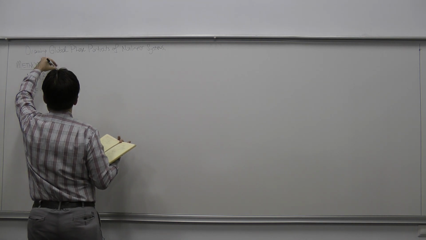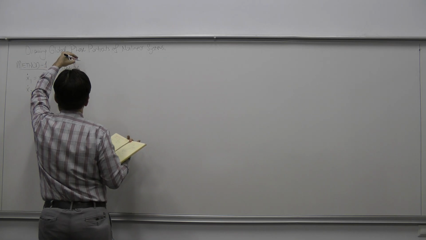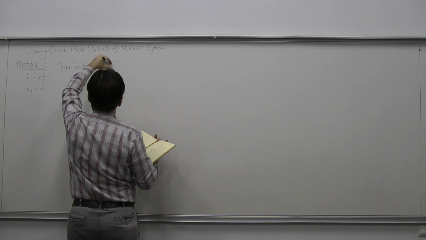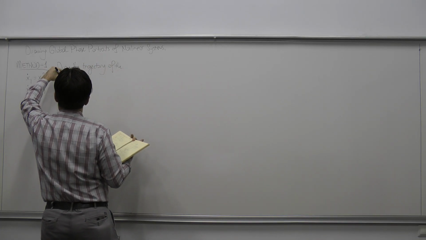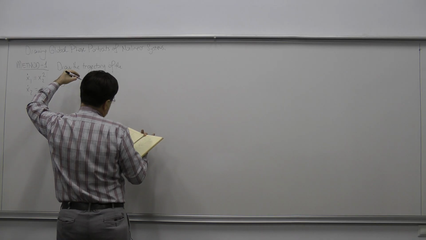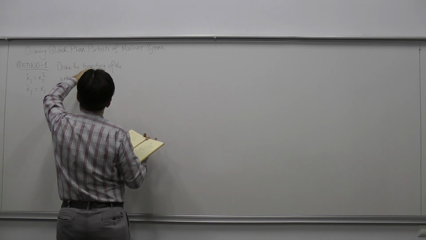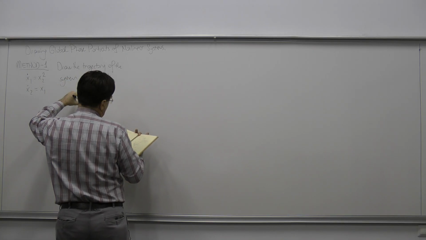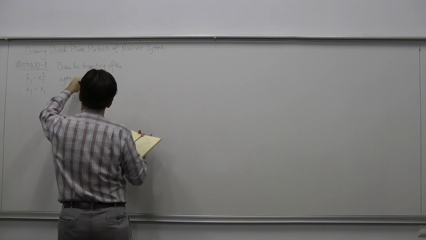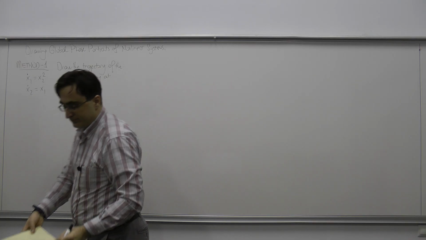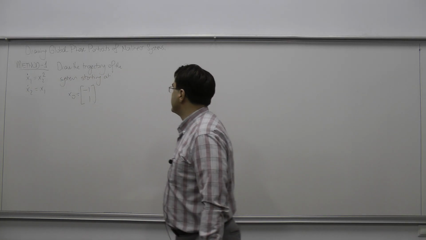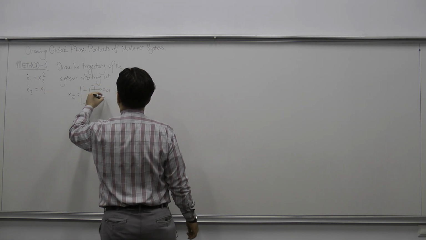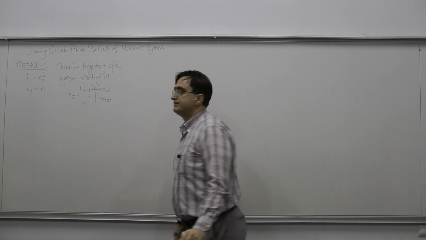What we have to do is to draw the trajectory of the system starting at the initial condition x0, which is equal to (-1, 1). So we are given the initial conditions for both of the state variables: this is x01, and this is x02.